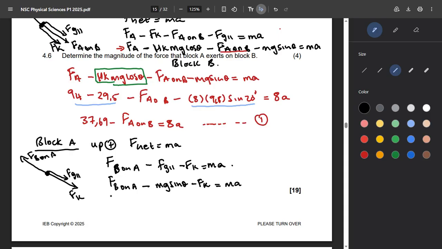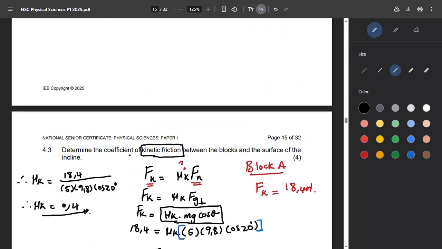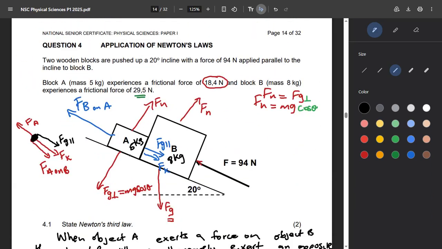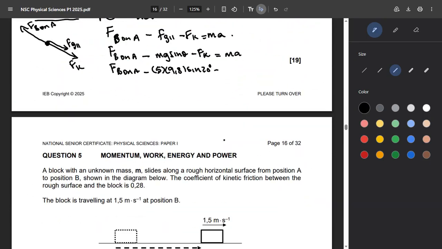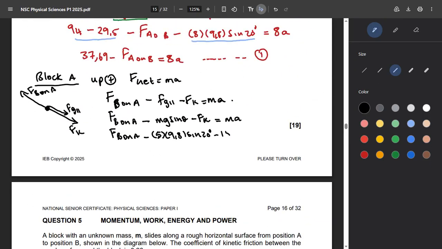I'm going to say my force B on A minus the mass, for the 5 kg block, 9.8, the sine of 20 degrees, minus the frictional force for block A. Do you still remember what the frictional force was? It was 18.4. So the frictional force for block A was 18.4. So I'm going to substitute my 18.4 here, and the mass is 5A.